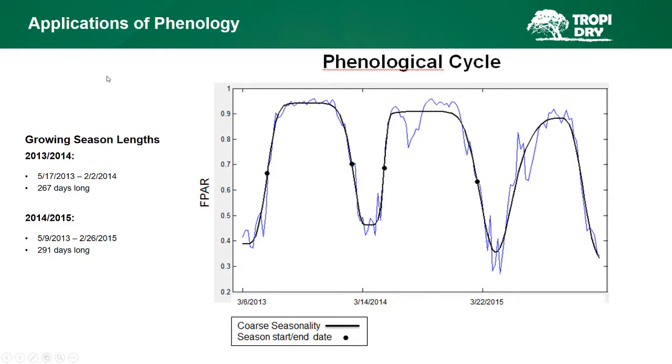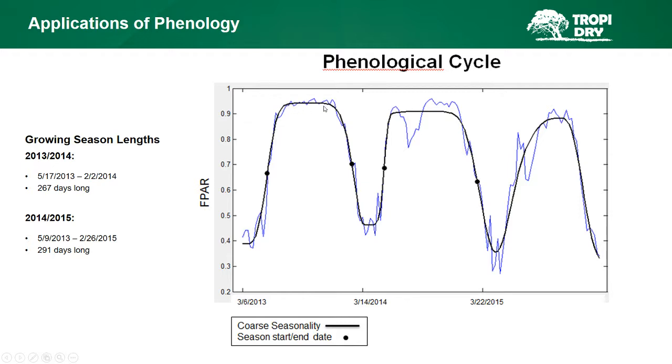So why is it important to even analyze the phenological cycle of vegetation? Well, from the example that I've given you right here, you can actually see that with the phenological cycle, we can start to monitor between years. So this is 2013 in Santa Rosa National Park in Costa Rica. And we see that this was a fairly good growing season.